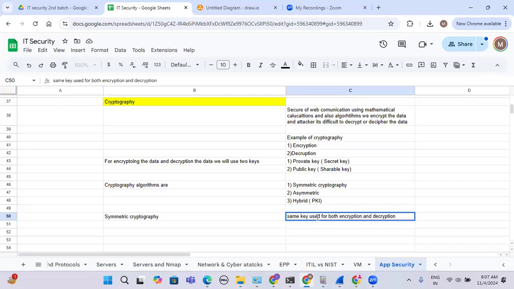For example, a door key. Whatever door we are locking and unlocking, we are locking and unlocking with the same key. That is our day-to-day life example. That is called symmetric cryptography.